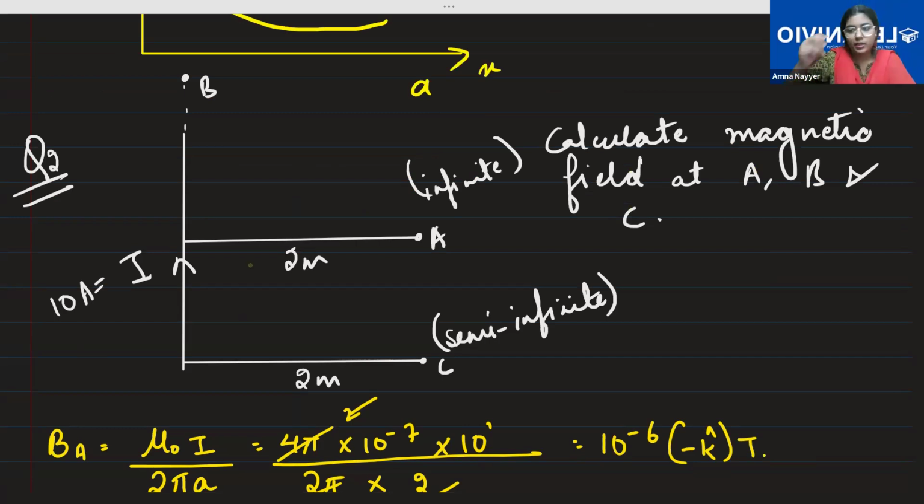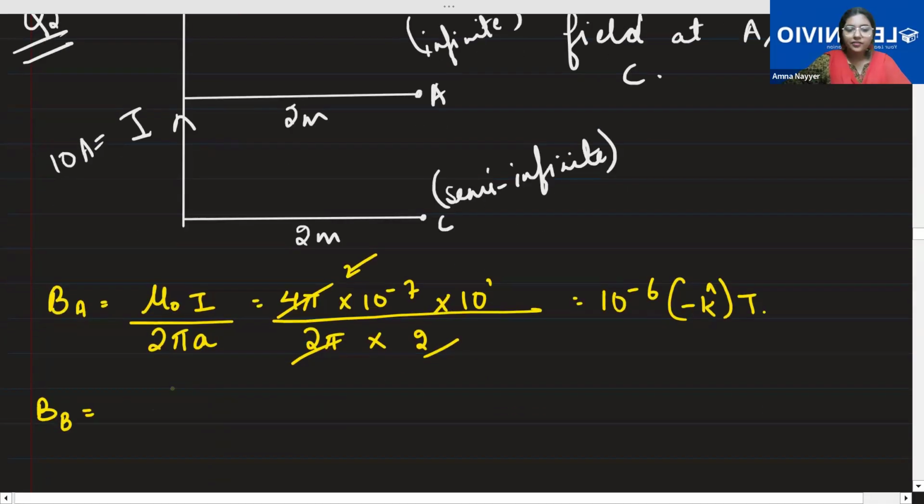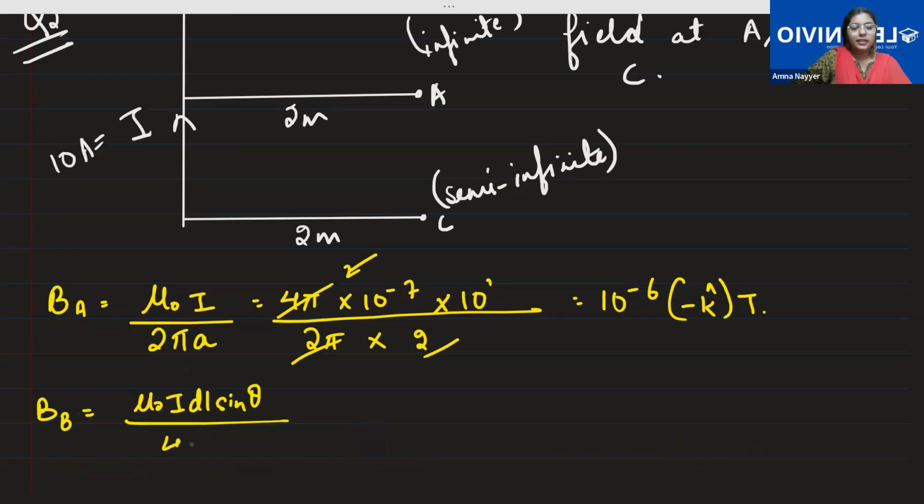When we use the actual Biot-Savart law, mu naught I dl sine theta by 4 pi r square, the angle will be 0 degree because the point is lying exactly on the axis of it.